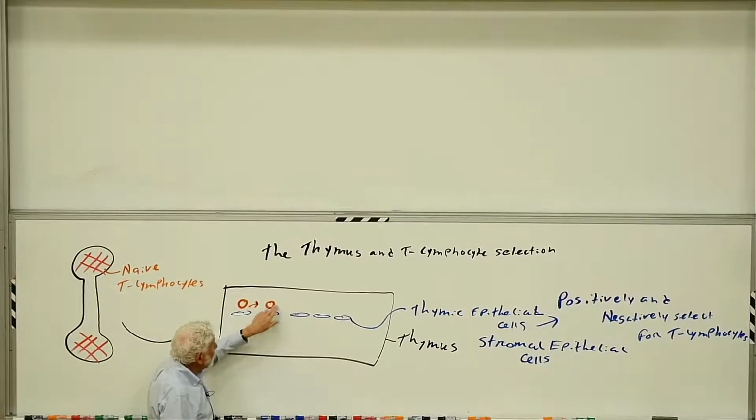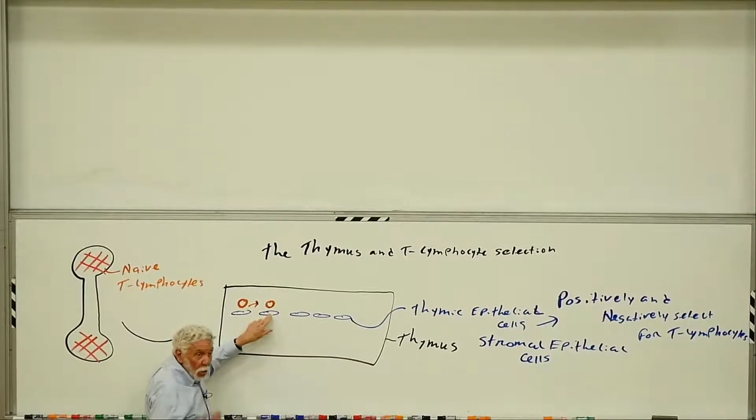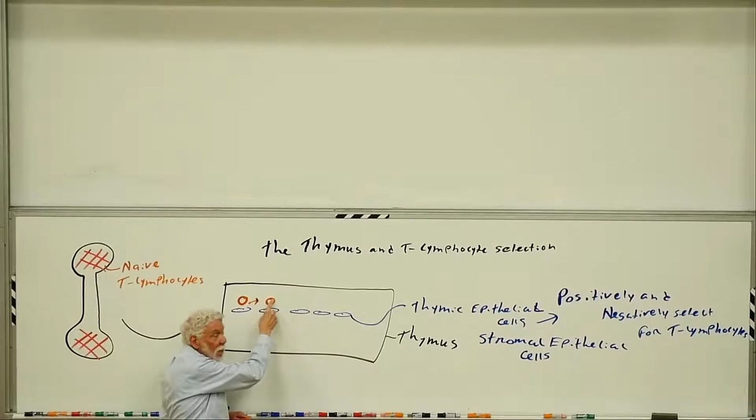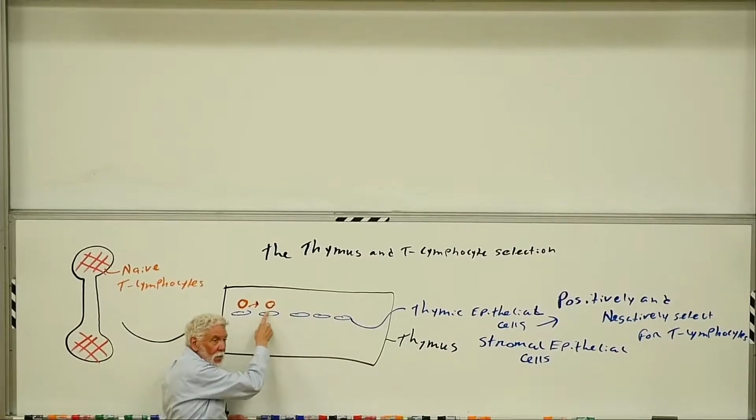And so this cell then begins exposing this naive T lymphocyte to all manner of self-proteins, all manner of proteins we express on our cells throughout our bodies. And if this cell says, doesn't matter what you throw at me, I'm going to recognize it, then this stromal epithelial cell says to this naive T lymphocyte, you're dangerous, go die, and withholds growth factors and induces the apoptotic machinery.